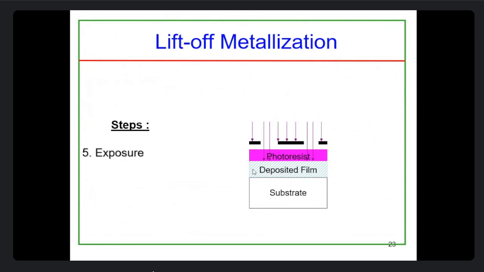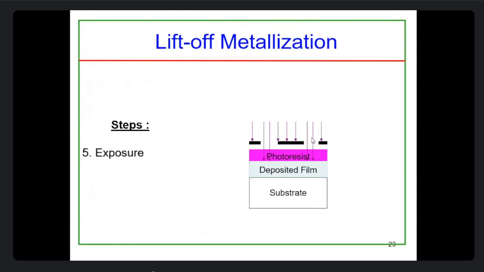Lift-off, the difference between lift-off and etching: given a particular pattern, suppose this pattern is given. I will give a pattern, and that pattern may correspond to the metallization pattern, may correspond to the pattern of SiO2, maybe any kind of dielectric, any kind of material.